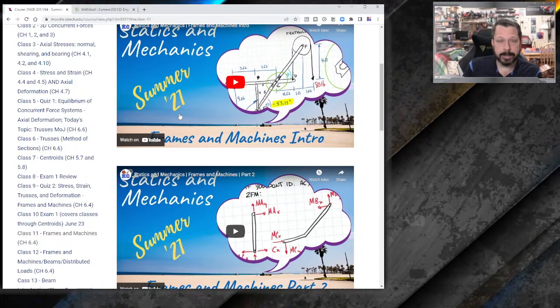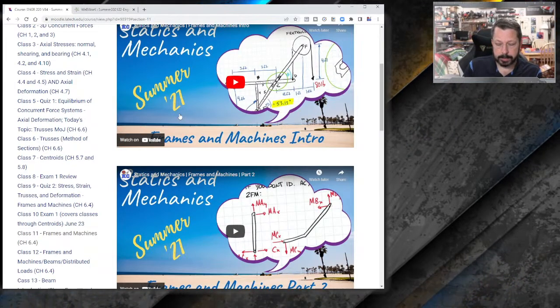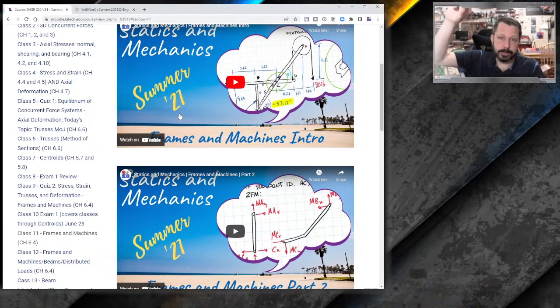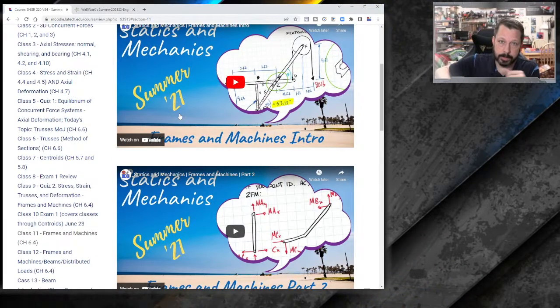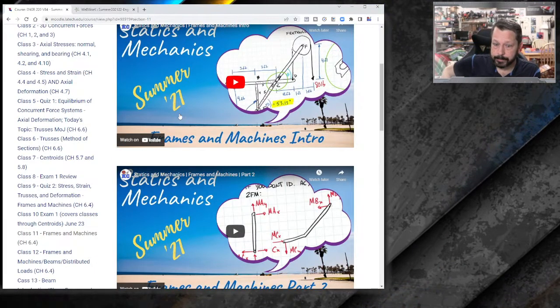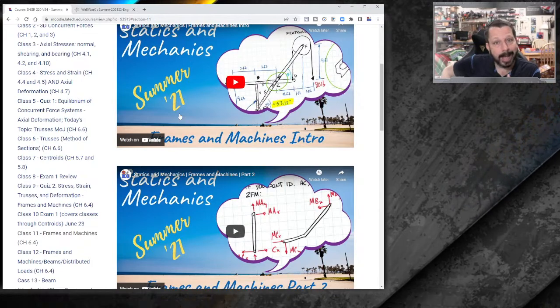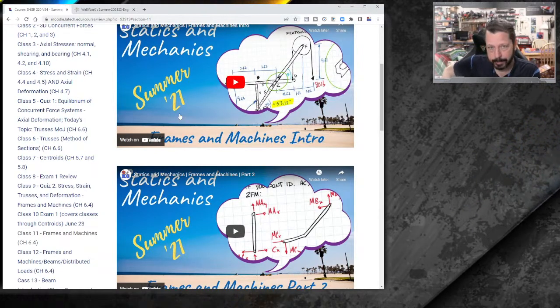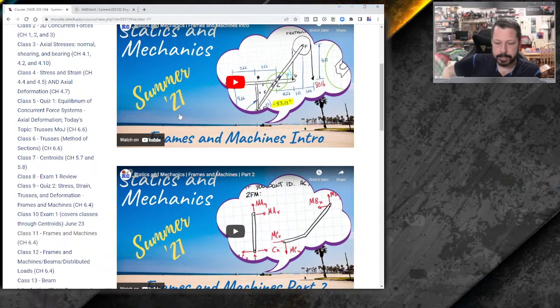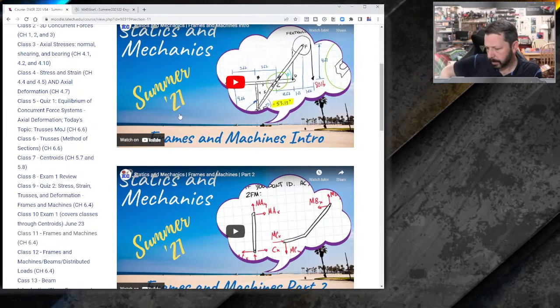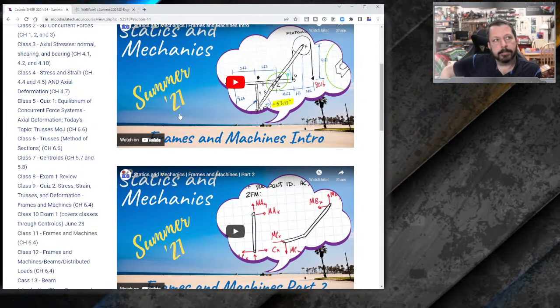So they all had two forces on them, and they could be modeled by an axial force along the length of that member. And that's not true in a frame or a machine. It can have those pieces, but not every piece is going to be that way. And so this goes back to the, what do we call them?